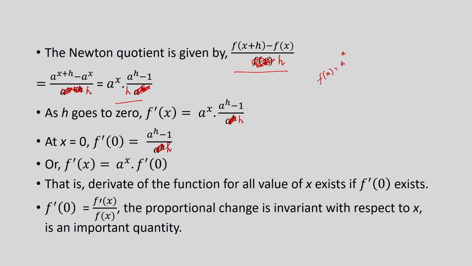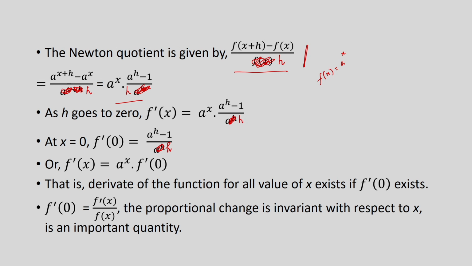Newton quotient is given by f of x plus h minus f of x divided by small h. h is the change that is taking place, the increment that is taking place in x. So, we divide the change in the value of the function by that h.